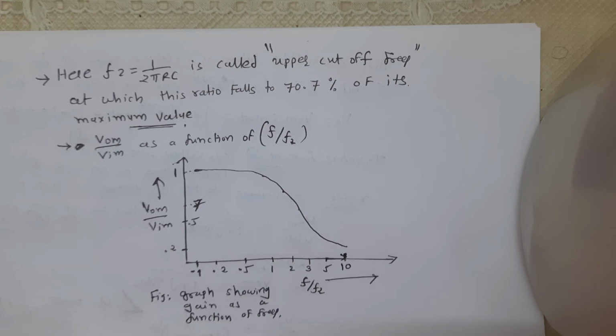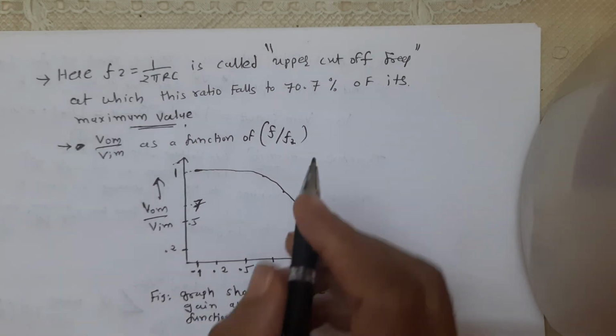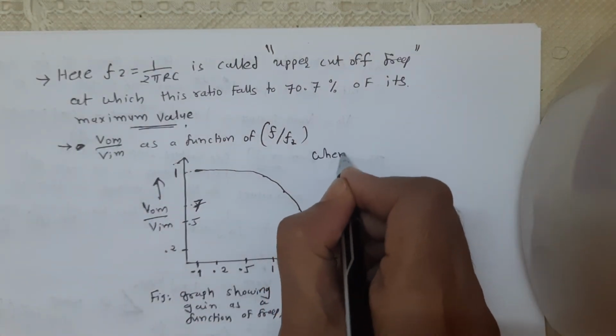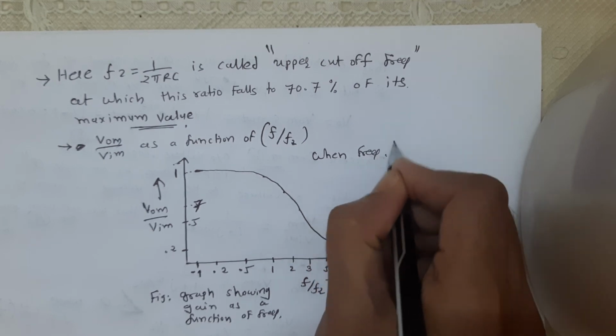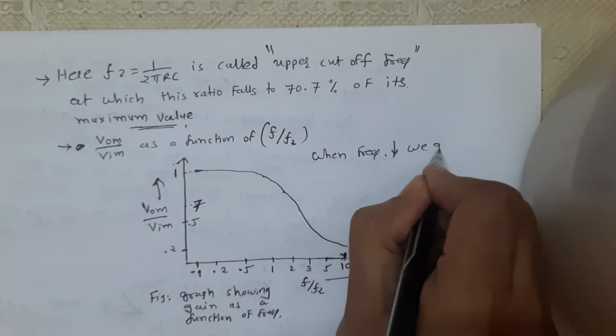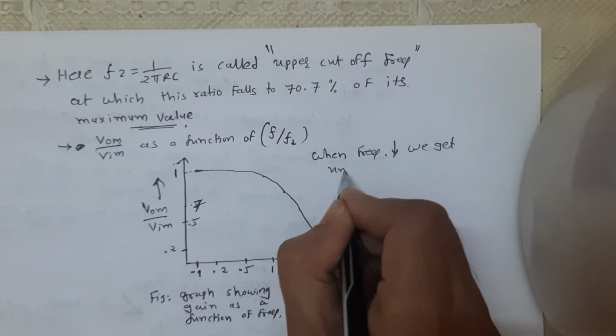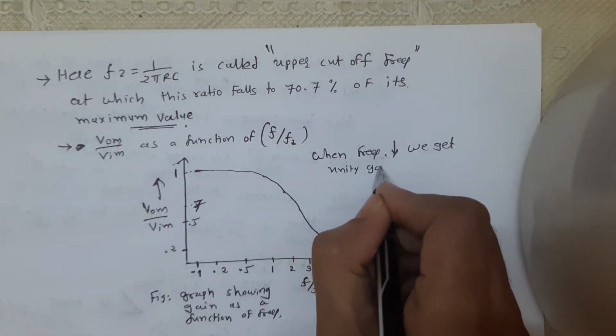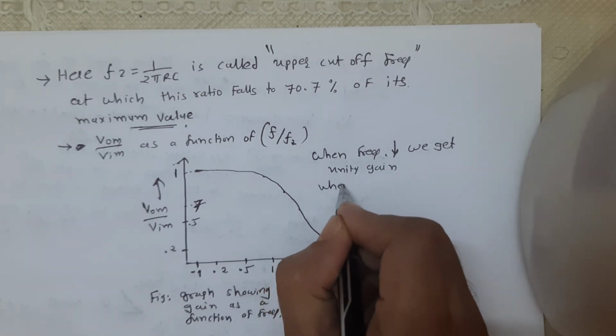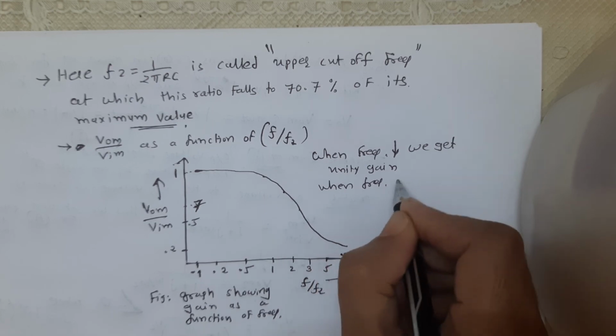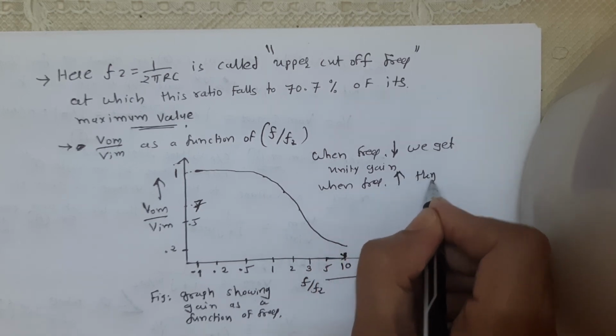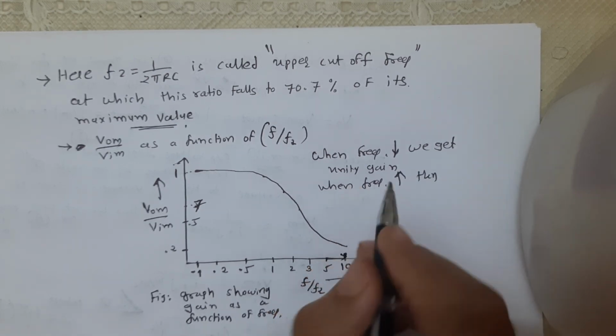From this figure, we observe that gain at high frequency drops to the lowest value, whereas it is unity at low frequency. So from this graph, when frequency is low, we get unity gain.